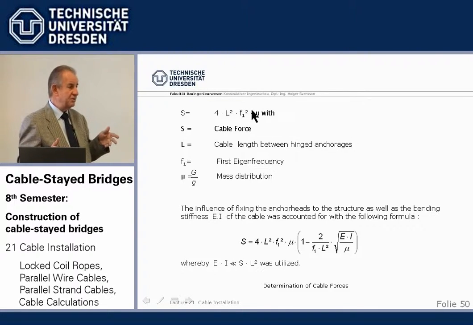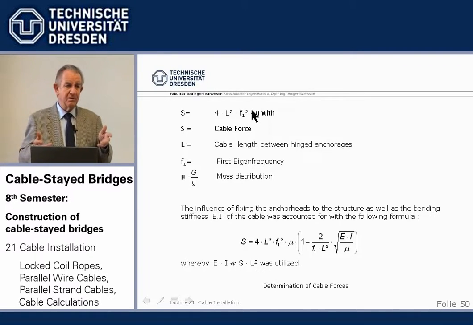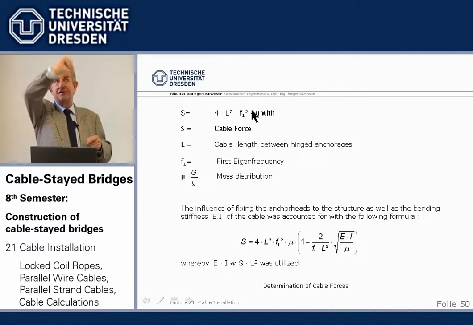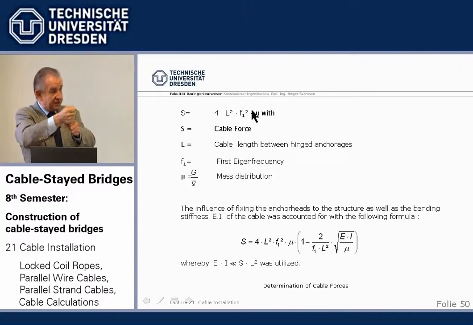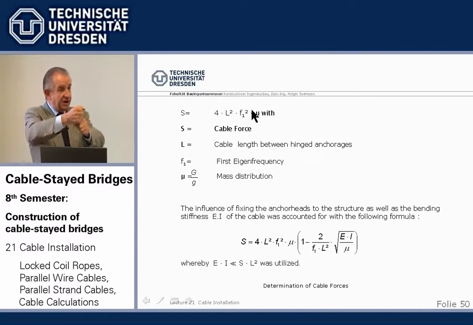All you do is you get a hemp rope, a washing line, just a little thing, throw it over the cable 2-3 meters away, and then you start pulling at it. You find very soon the right frequency of the cable. One person excites the cable for a big cable-stayed bridge easily.